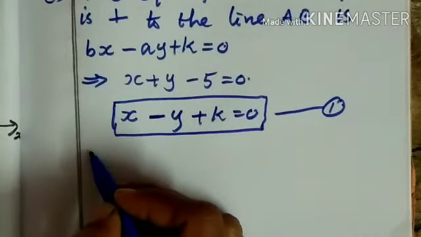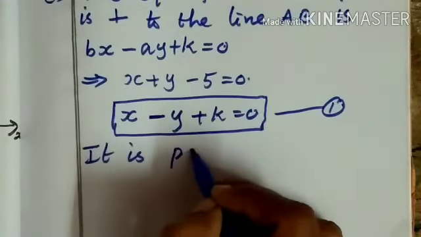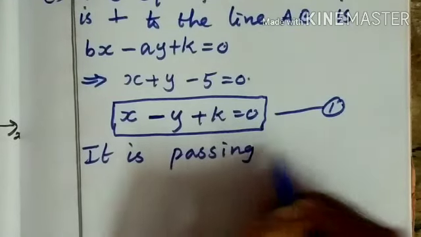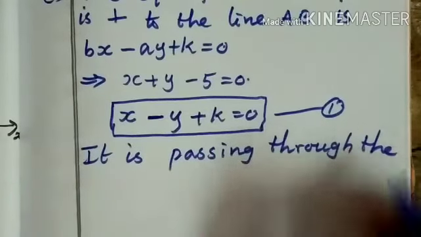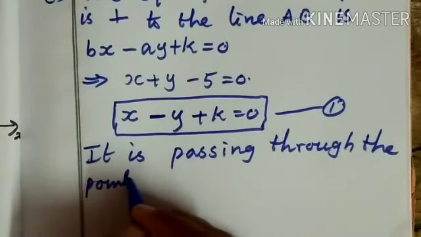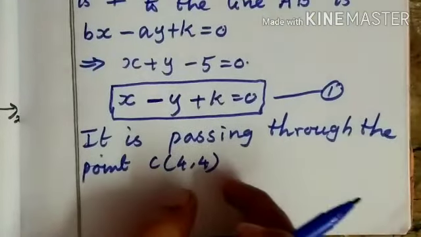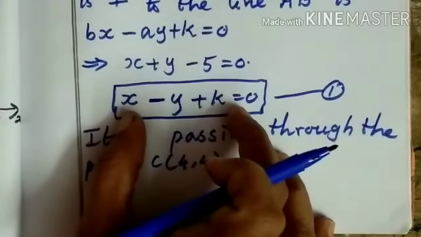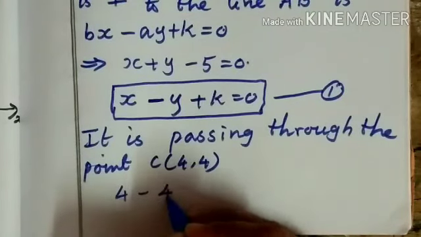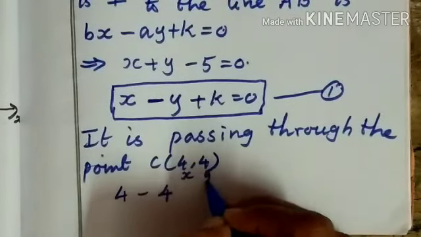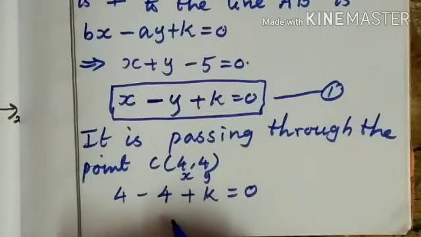By the given, it is passing through the point C(4, 4). Now you apply these points in this equation: we get the value of x, y, that is 4 minus 4 plus k is equal to 0.